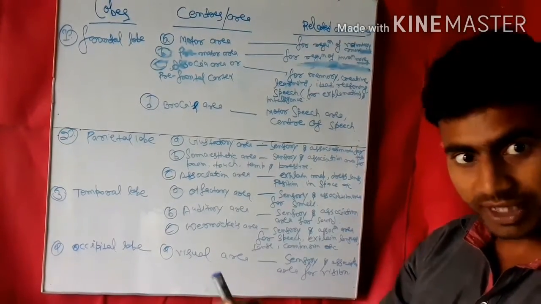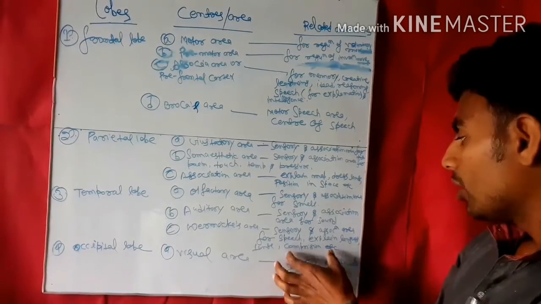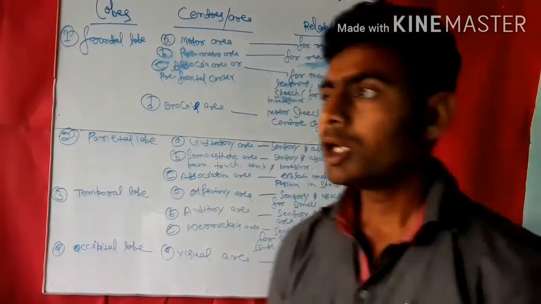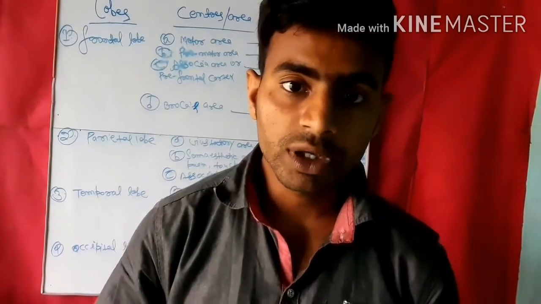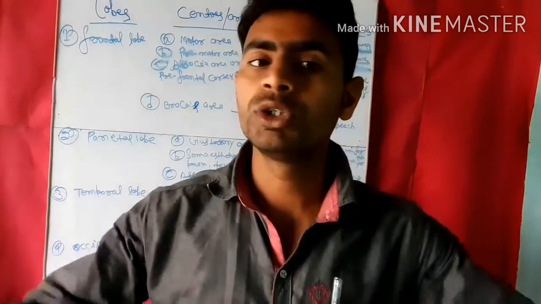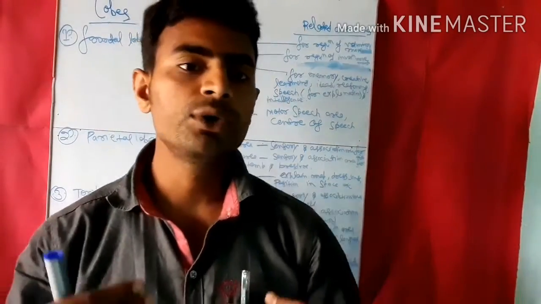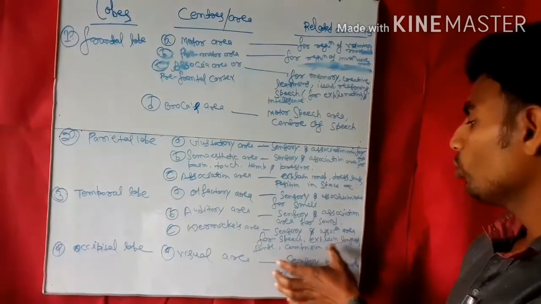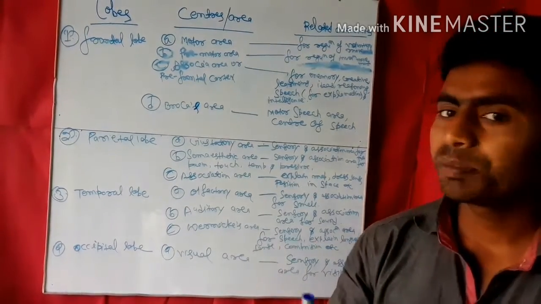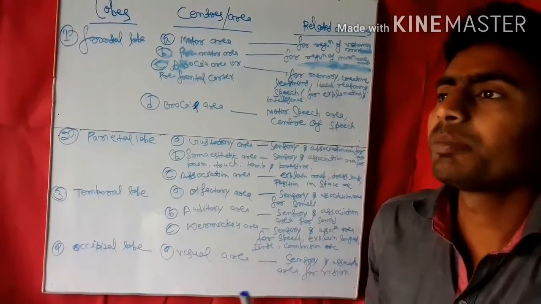Tense, comparison, comparison of mine to others, comparison of you to others, comparison of mine to you. These are the comparisons. This means association, speech, explaining language. We explain any language.